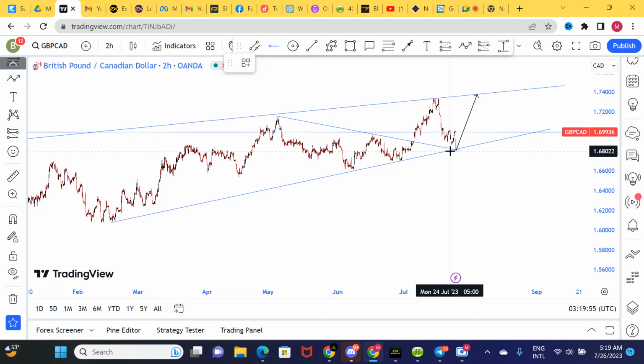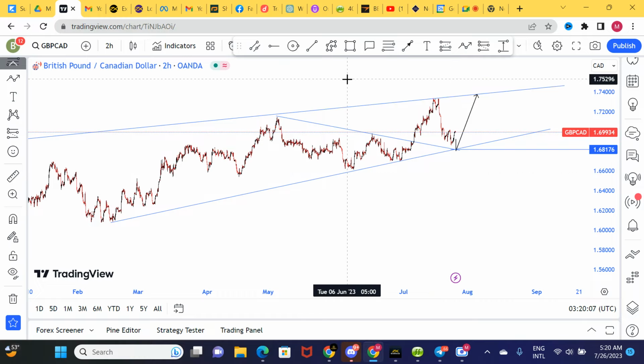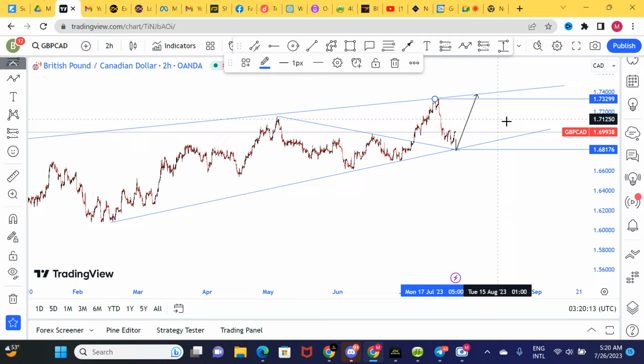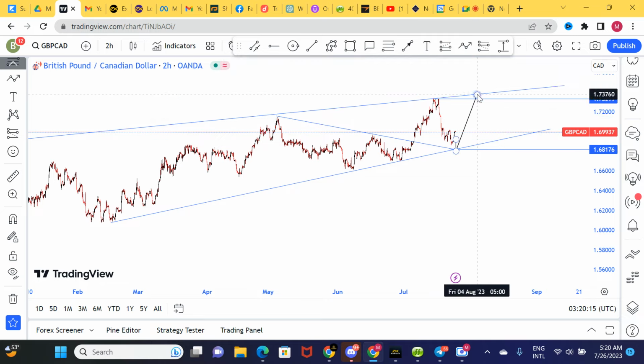We'll be taking our first trades on GBP/CAD. The entry point will be 1.68176. And now from there, our last take profit would be, let's just use this same high. That's where our take profit is going to be, right?